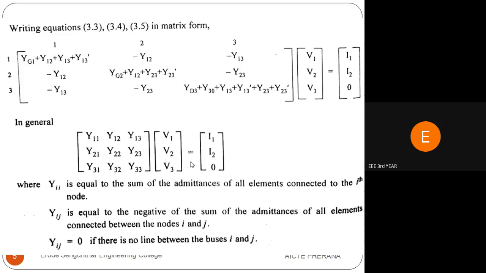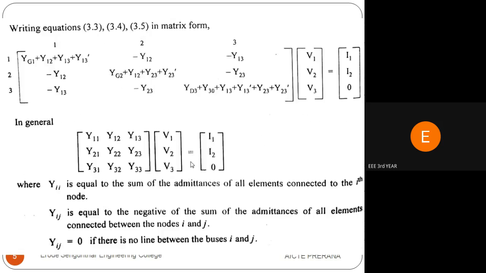Where Yii is equal to the sum of the elements connected to the i node, that is, Yii is nothing but considering a single node. Yij means considering two nodes, so Yij is equal to the negative of the sum of the elements connected between node i and node j. If Yij is equal to 0, there is no line connected between i and j. It's a simple thing.